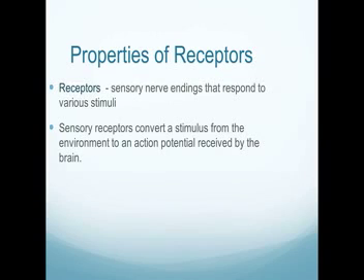First, each one of these receptors is going to have sensory nerve endings on it, and these nerve endings are going to respond to that external stimulus. What that external stimulus then does is, through a depolarization process, create an action potential in these neuronal cells, specifically these afferent sensory neuronal cells, and then that action potential is going to be sent to the brain where the brain can then integrate it and create an associated response with it.